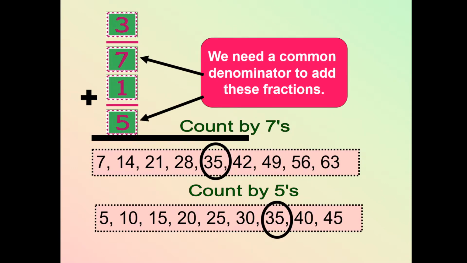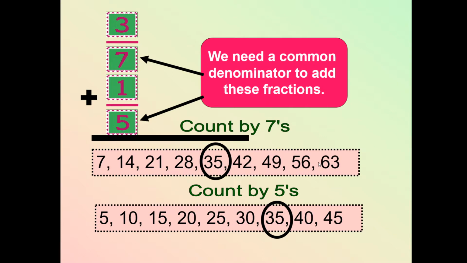Here's another example. This time we have 3 over 7 plus 1 over 5. Since they have different denominators, our first step is to find our common denominator. How do we do that again? By finding the LCD. We can use this count-by-the-number method. We have 7, 14, 21, 28, 35, 42, 49, 56, and 63.